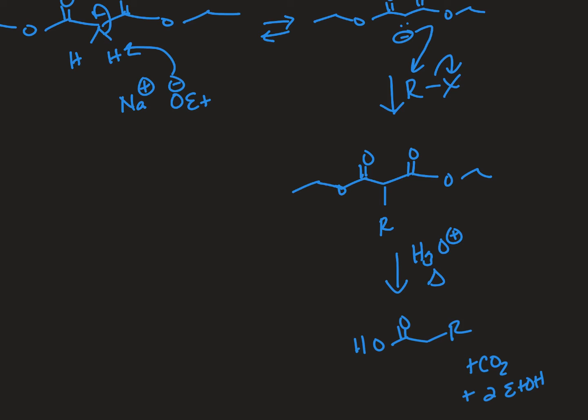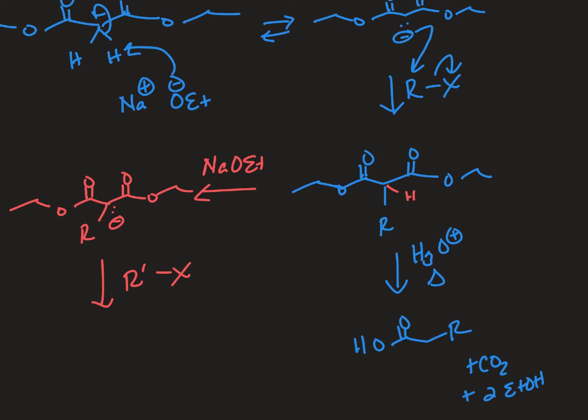Instead of doing that step right away, I could add some more sodium ethoxide, remove the second alpha hydrogen, and react with a second molecule of alkyl halide. Again, whether they're the same or different does not matter. Now I have 2 R groups.